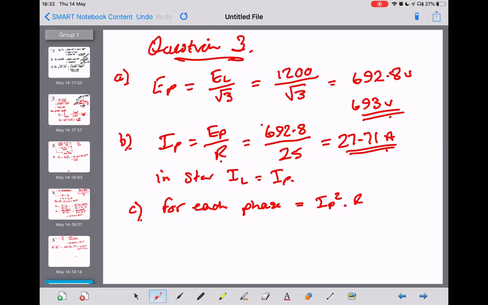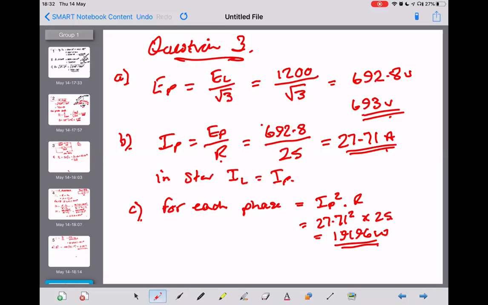So 27.71 squared times 25, and that's given me 19196 watts. I'm waiting to see if you got the same answer as me.